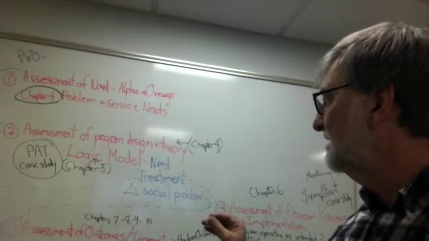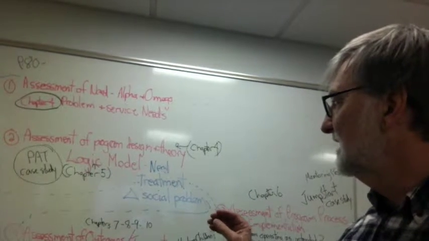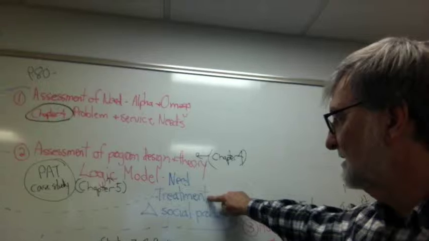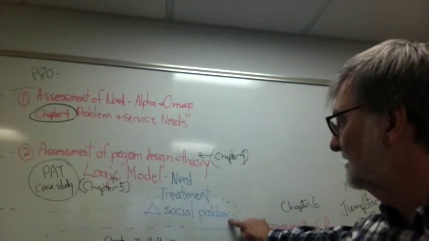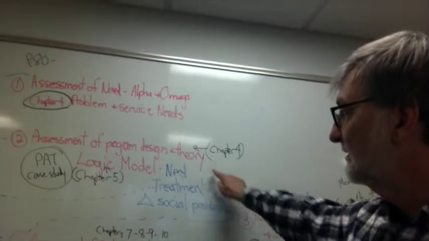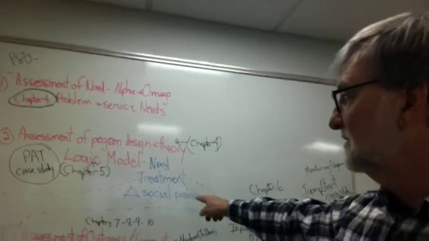But the point here is that you want to make sure that there's a connection between the need, the stated treatment you're going to provide, and a change, hopefully an improvement in the social problem. And if you can conceptualize your program in that way, then that's really great.